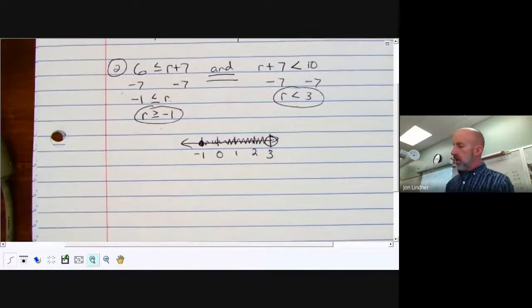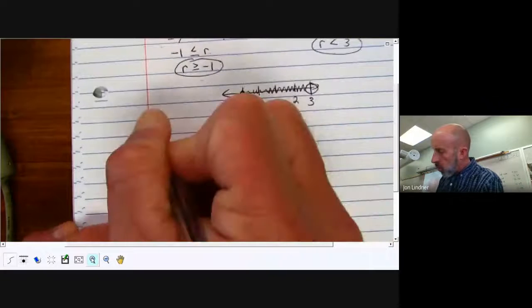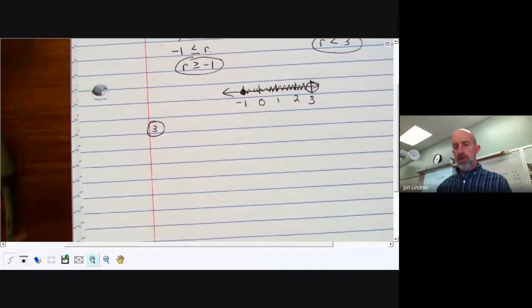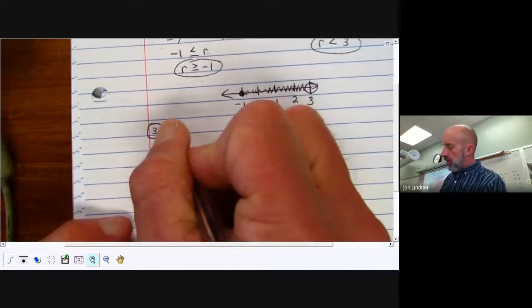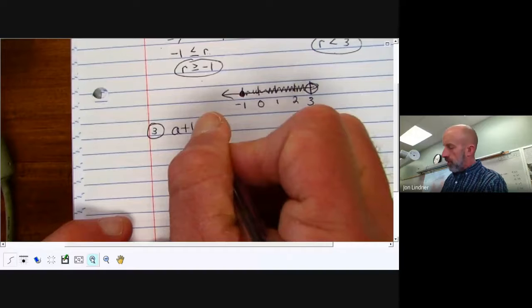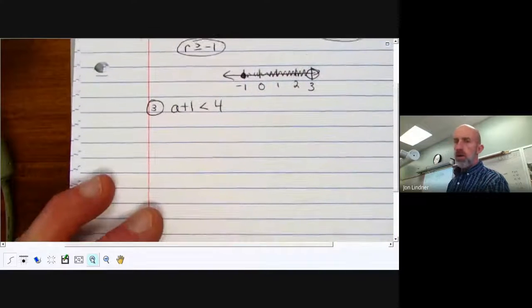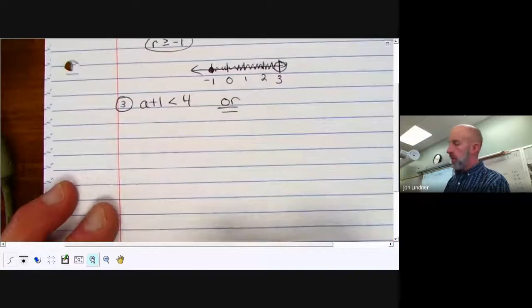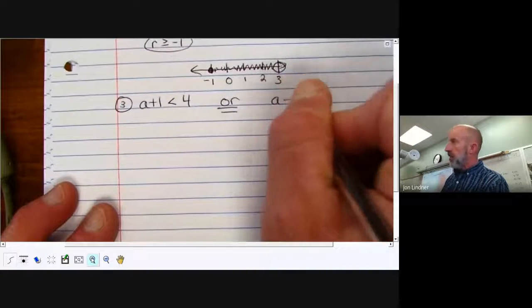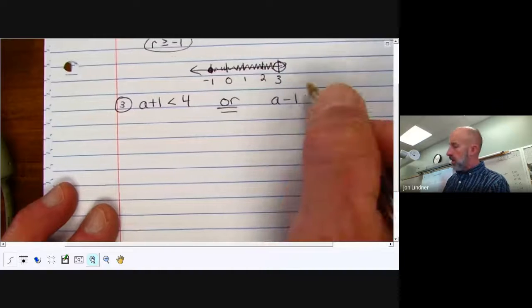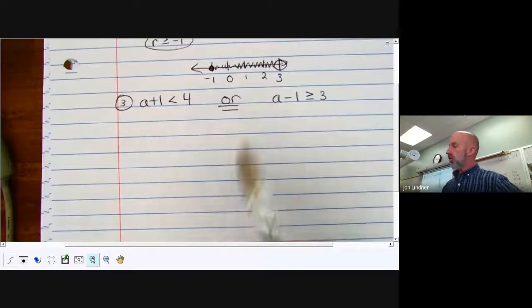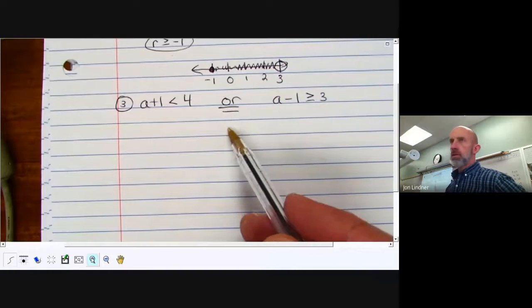All right. Now let's look at one that has the word or in it instead of and. a plus 1 is less than 4, or a minus 1 is greater than or equal to 3. This one has the word or.